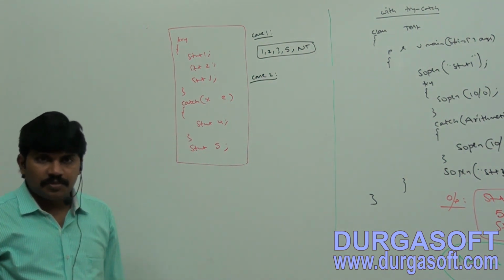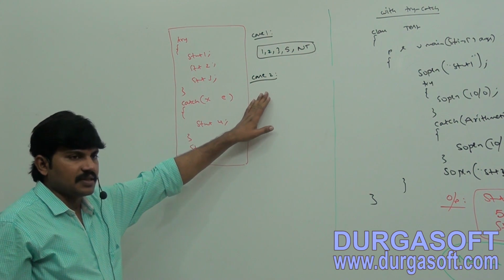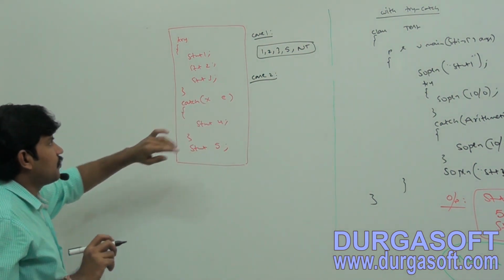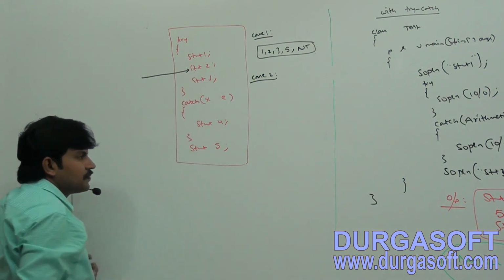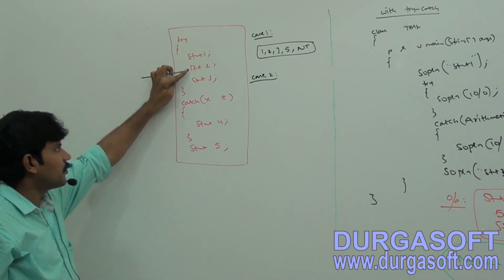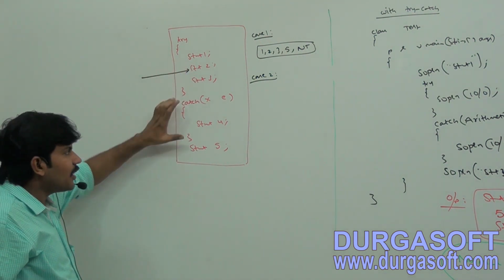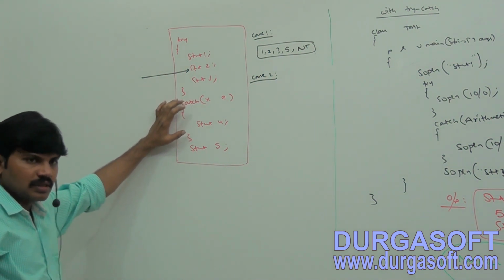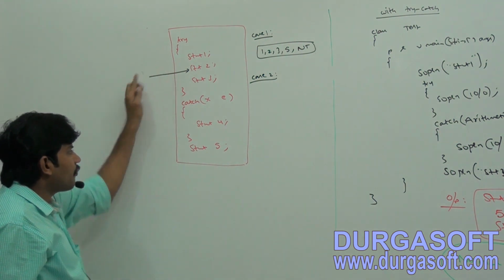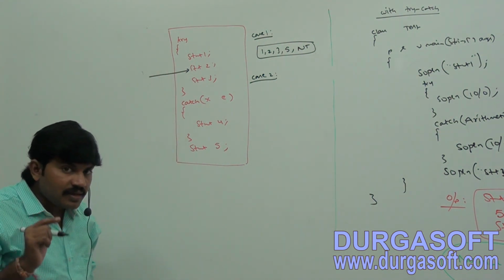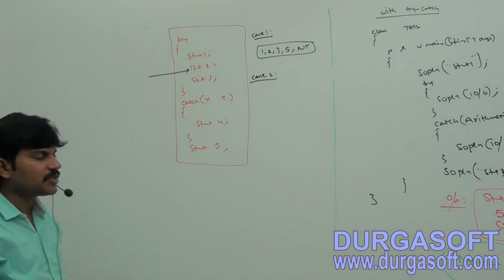Next, case 2. Take special care about this second case. An exception rises at statement 2, and the corresponding catch block matched. Then in which order will the statements be executed?